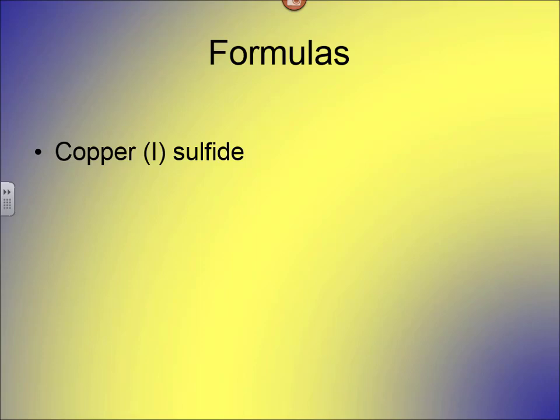So the charge on the copper is +1. Sulfur is still the same. You would look it up and find that it's -2. And from here, the process is no different. Crisscross your charges, check if they can reduce. You should end up with Cu2S.